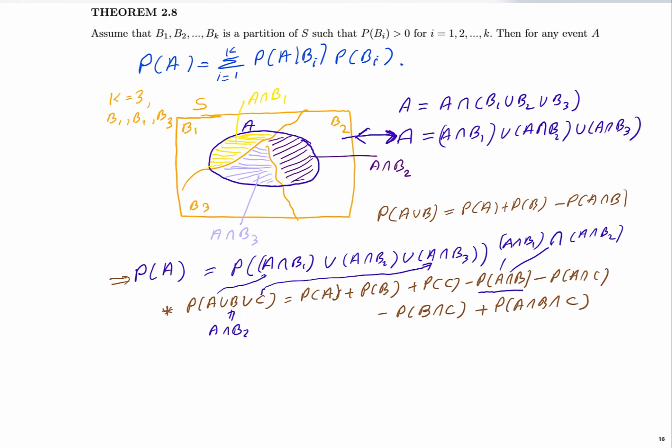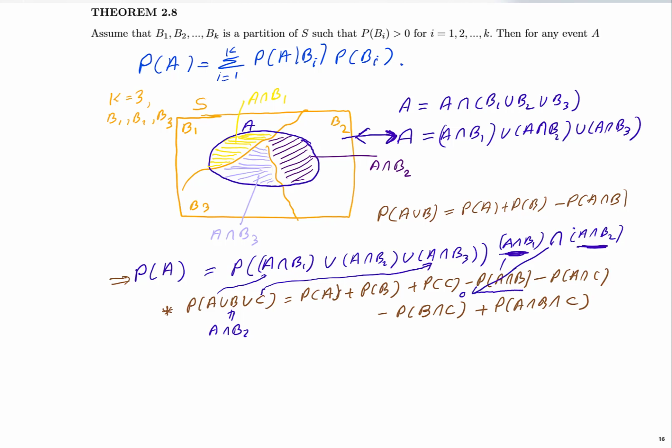So if we know these two sets of events are disjoint, therefore this intersection is also disjoint. That means this is empty, right? So what is the probability of an empty set? It is 0.